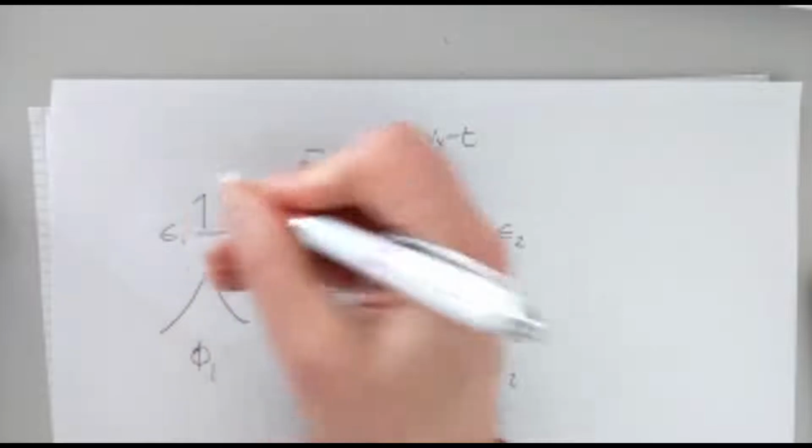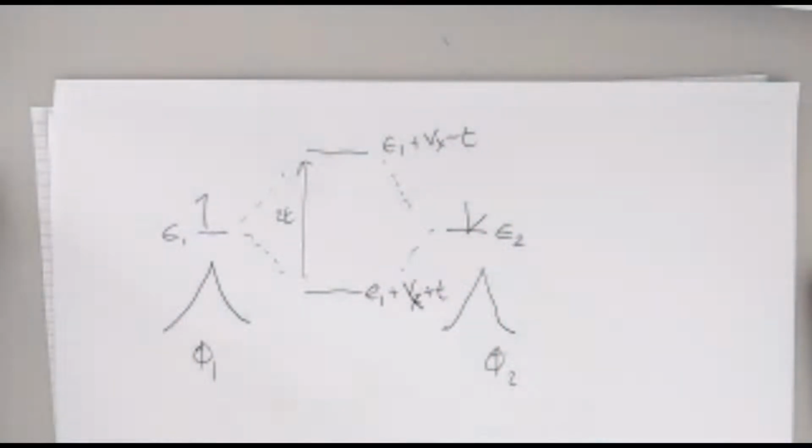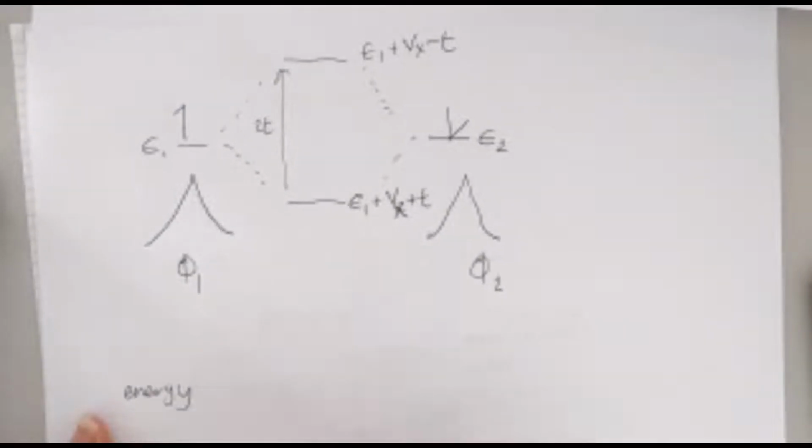And so if we had one electron there and one electron there on each atom beforehand, so total energy initially was 2 epsilon 1 if they're the same type of atom.